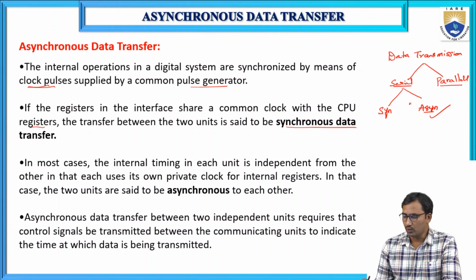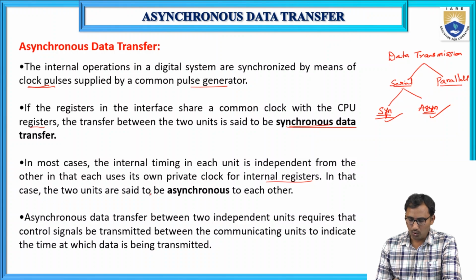Already we have seen two types of serial data transmission: synchronous and asynchronous. Synchronous means the interface shares a common clock with the CPU registers. In most cases, the internal timing in each unit is independent from the other, in that each uses its own private clock for internal registers.